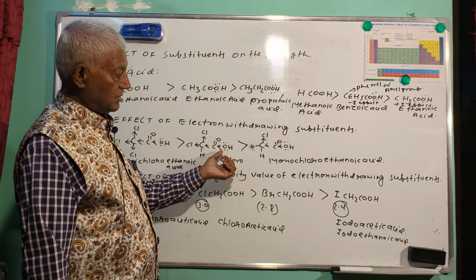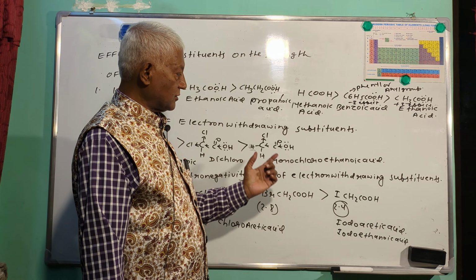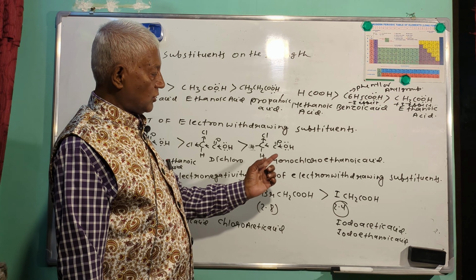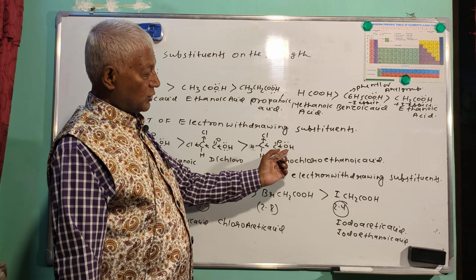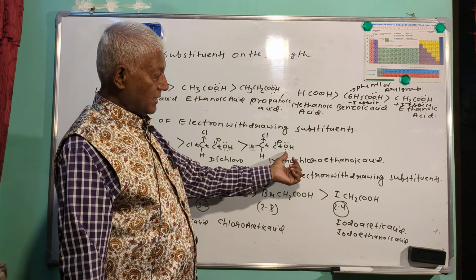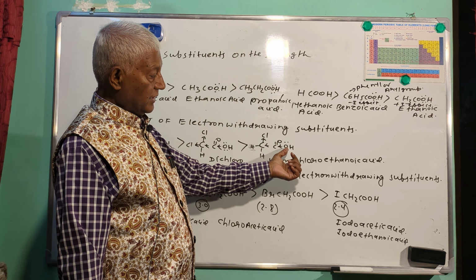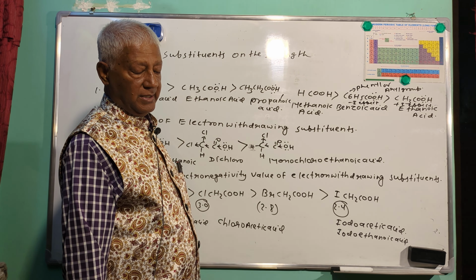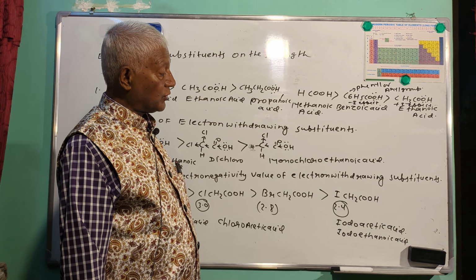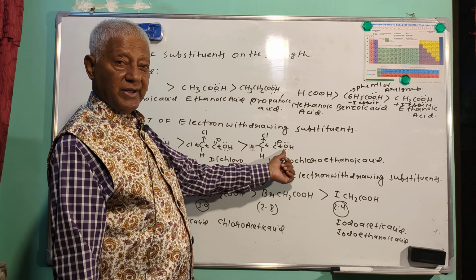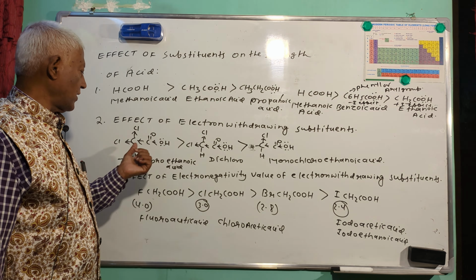Somewhat difficult. But when you talk about this, in this case there is only 1 chlorine electron withdrawing group. So it lowers the electron density over here only a little, and the bond between O and H is very strong. So it does not lose the acidic proton so easily, because the bond is very strong with respect to dichloro and trichloro.